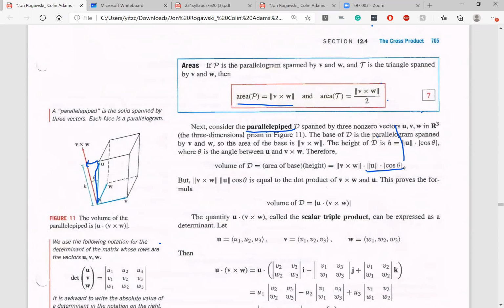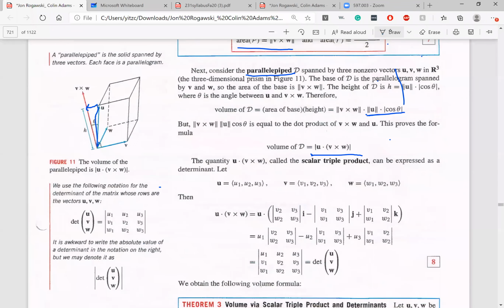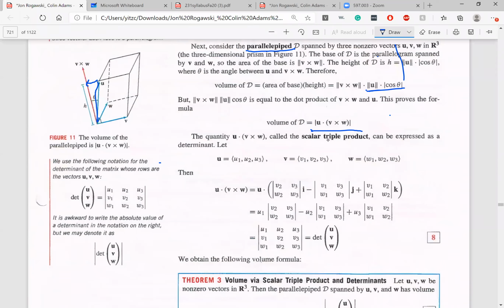Okay, so then this over here is the dot product of V cross W and U. And so then we get that the volume of our parallelepiped is going to be U dotted with V cross W. Now, you don't see this that often in multivariable calculus.